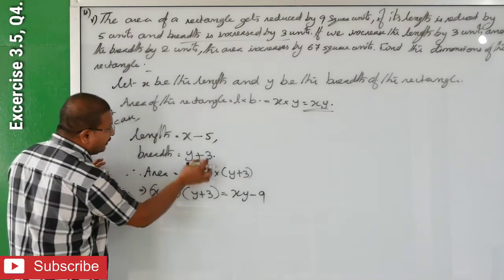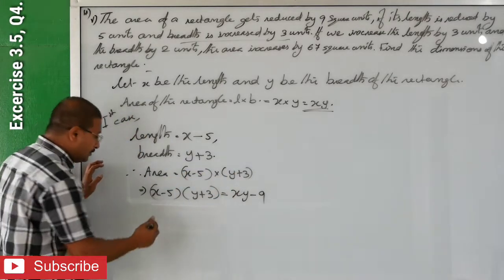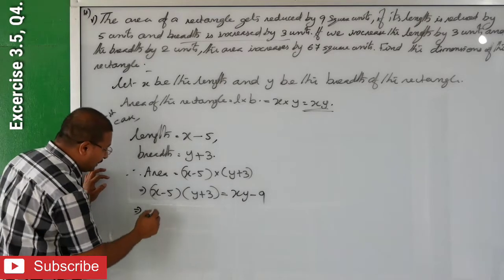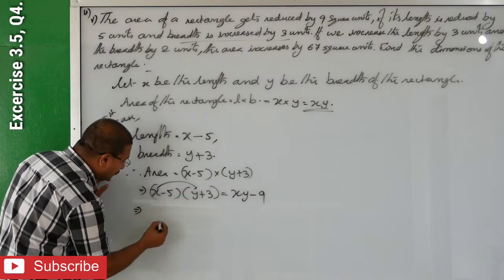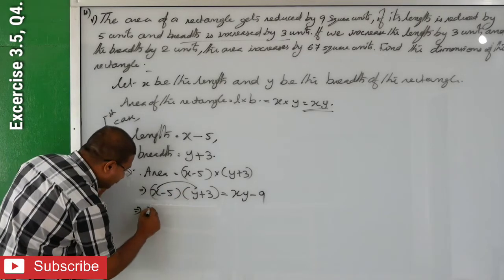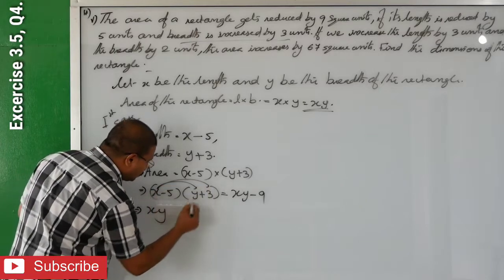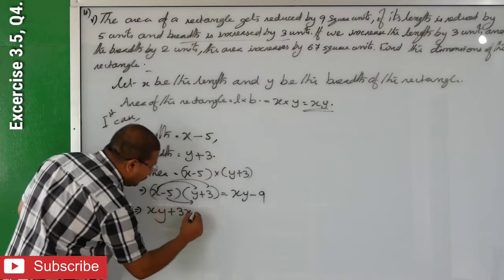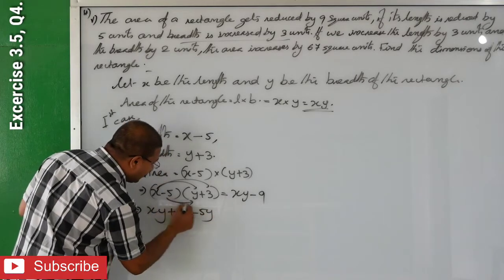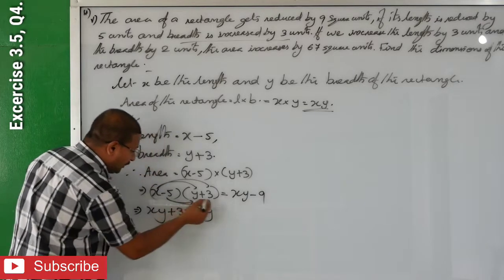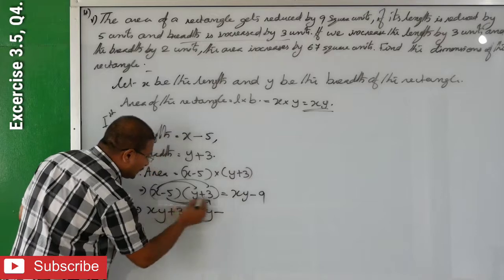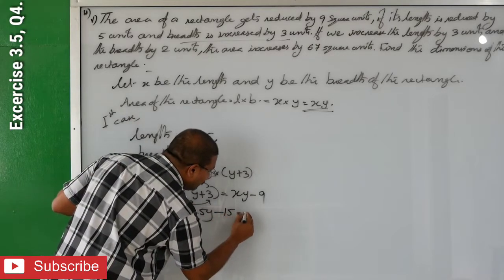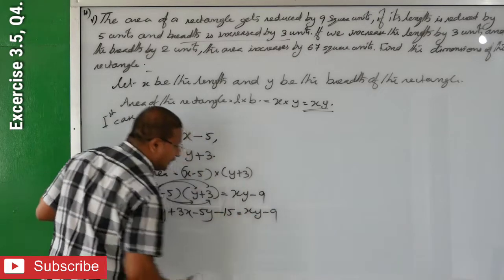But we know that area means length into breadth. So this implies, opening the bracket, x into y, xy, x into 3, plus 3x, minus 5 into y, minus 5y, minus 5 into plus 3, that means minus into plus, minus 5 3s are 15, equals xy minus 9.